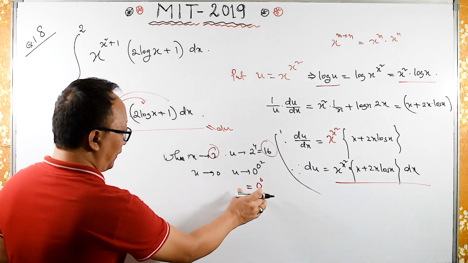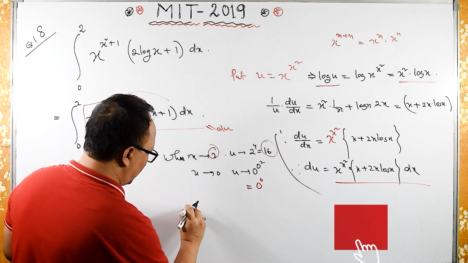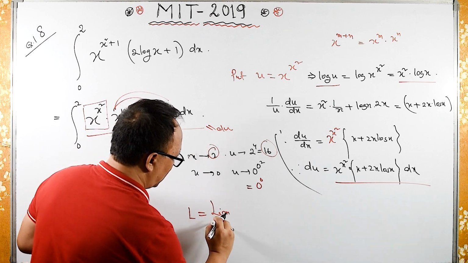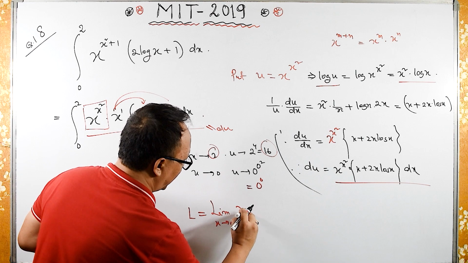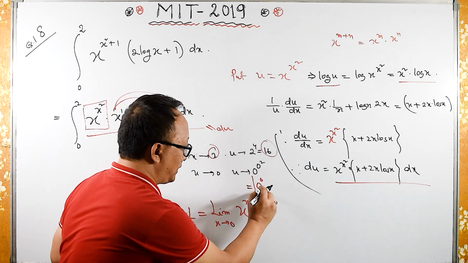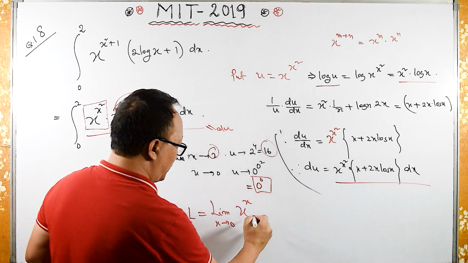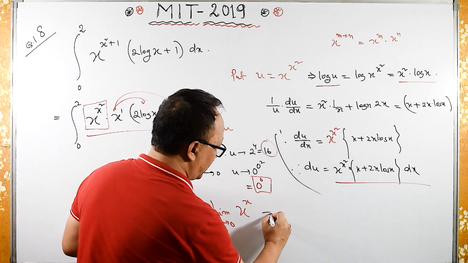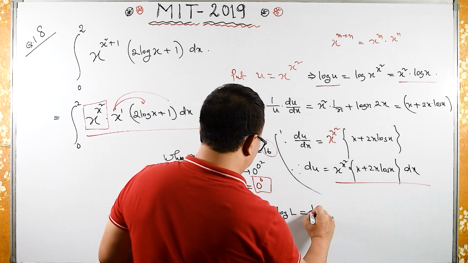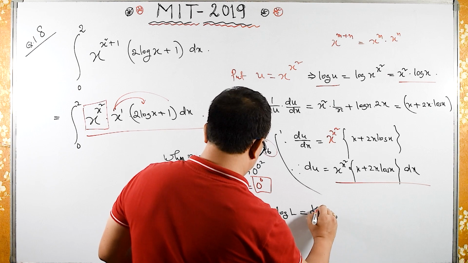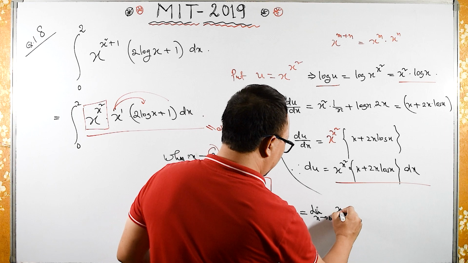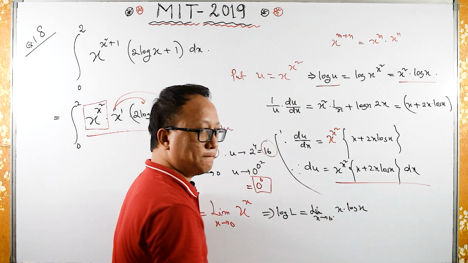In order to find this, I will consider L equals limit of x tends to 0 of x raised to x. If I take log on both sides, log of L equals limit of x tends to 0 of x into log of x.